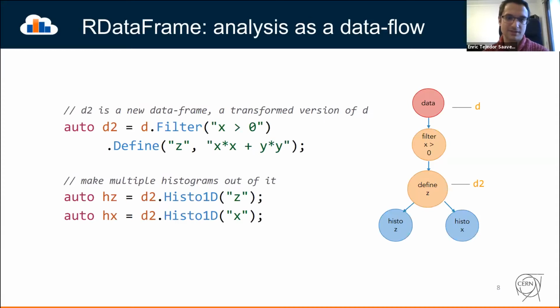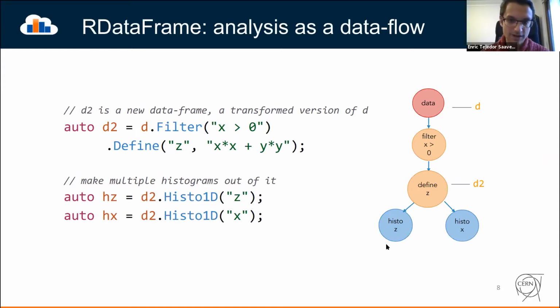In the end, what happens under the hood is that RDataFrame creates a computation graph that starts from your initial data set, and for every new operation that you add, a new node is added to the graph. So you create here a filter, then a define, and then here you can maybe branch out and make two histograms, one for a different column.